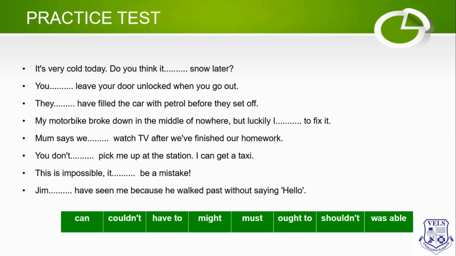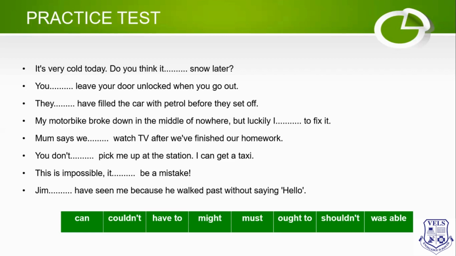The hint below will help you to choose the right modal verbs. Next sentence. My motorbike broke down in the middle of nowhere, but luckily I dash to fix it. Choose the right modal verb and write it down on the sheet of paper.